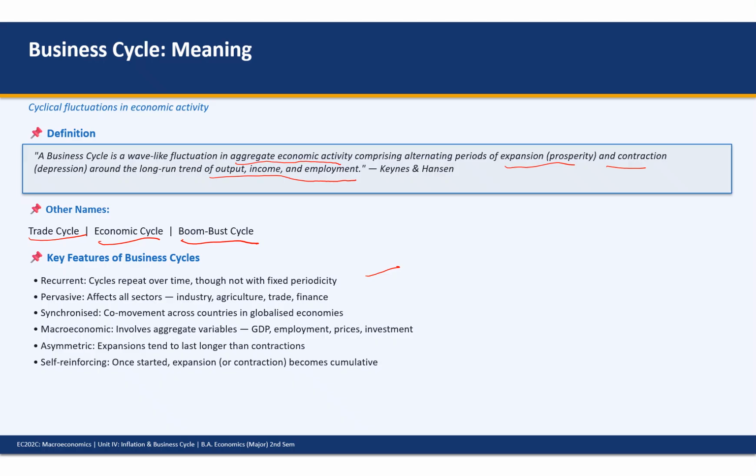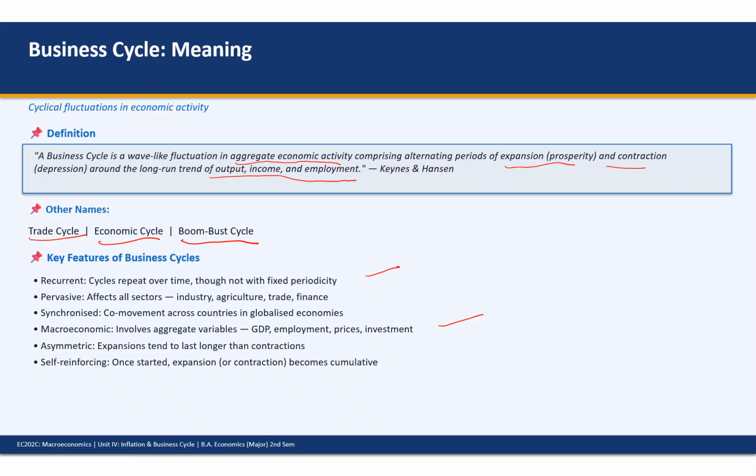So whenever a country goes through recovery, some other country also may go through recovery. If a country is going through depression, a neighboring country may also go through depression. These cycles are also macroeconomic in nature because they involve aggregates like GDP, employment, prices, and investment.